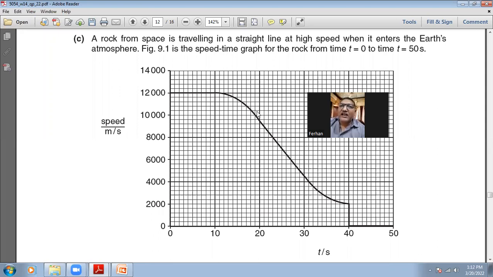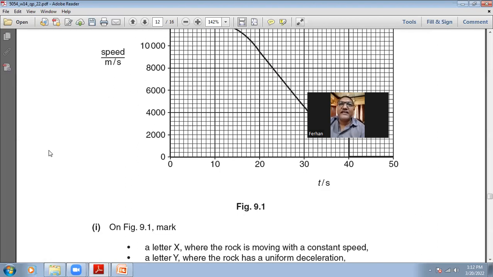Then it started decelerating. Here the deceleration is non-uniform. Here the deceleration is uniform. Here the deceleration is non-uniform. Here all of a sudden the speed of the rock has become 0. It means the rock has hit the ground. It's a speed-time graph. Here the speed is represented on the y-axis, and here on the x-axis the time is represented.